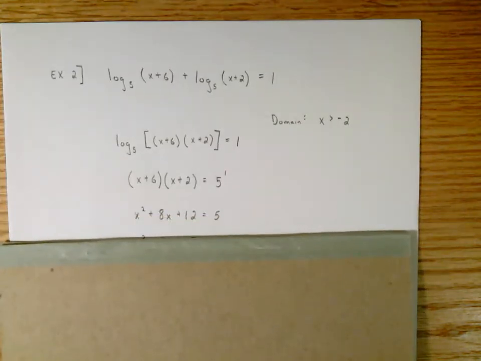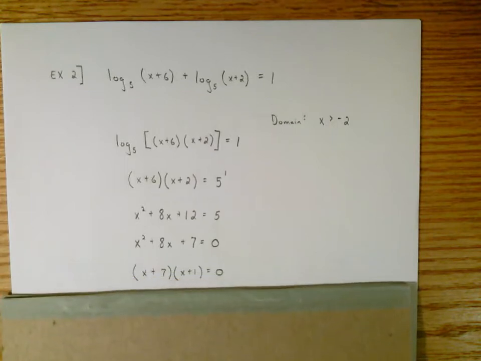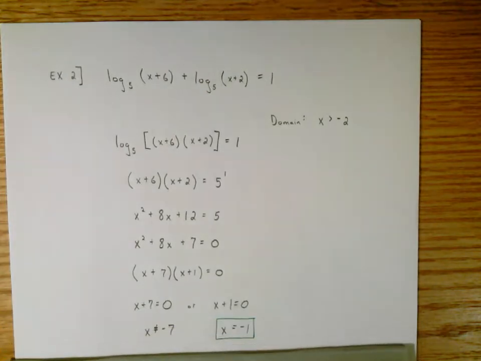I've used FOIL to multiply the left-hand expression. Obviously, 5 to the first is just 5. Subtracting 5 from both sides of the equation gives me a standard form quadratic. I'm going to solve this by factoring using the zero product property and then solving each of those 2 factors equal to 0.